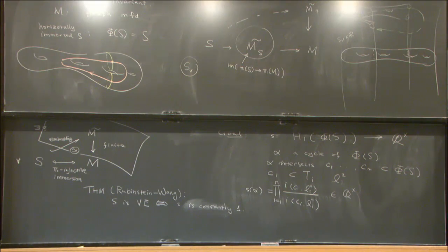The good thing about mapping tori of surfaces is that there is this Nielsen-Thurston classification that tells you every automorphism basically breaks into different pieces. After taking some power, you can get a decomposition of phi into different pieces. On some pieces, you get pseudo-Anosov.